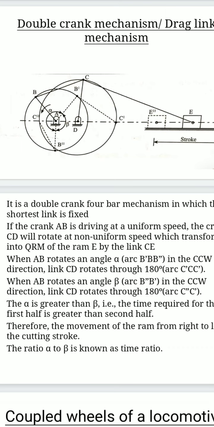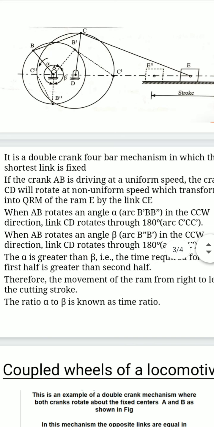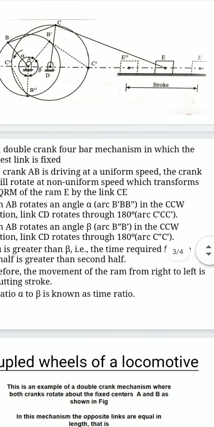So you can design the mechanism in such a way that this type of mechanism is used, for example, in the cutting shaper or cutting mechanisms, where we have to ensure that, in the case of the shaper, the cutting stroke will take more time than the return stroke.